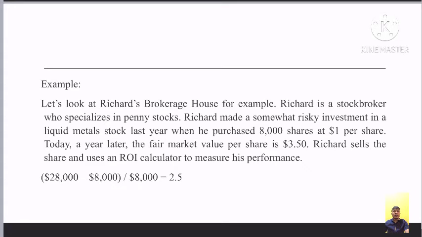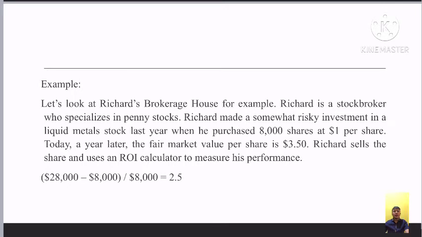For example, let's look at Richard Brokerage House. Richard is a stockbroker who specializes in penny stocks. Richard made a somewhat risky investment in liquid metal stocks last year when he purchased 8,000 shares at $1 per share.